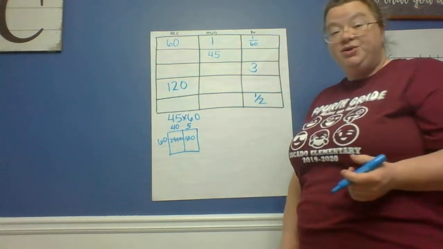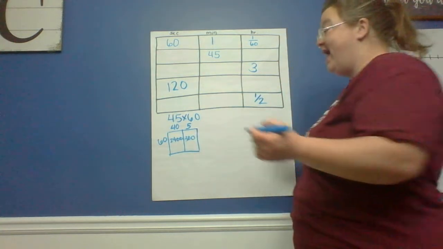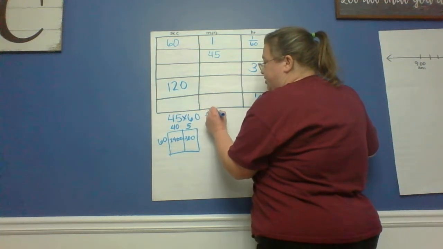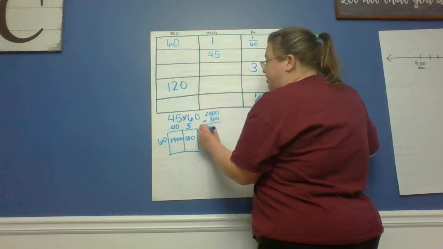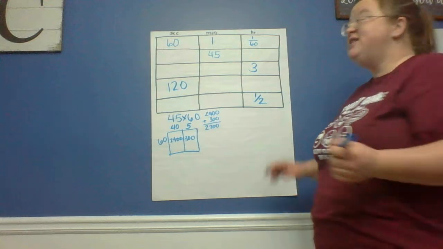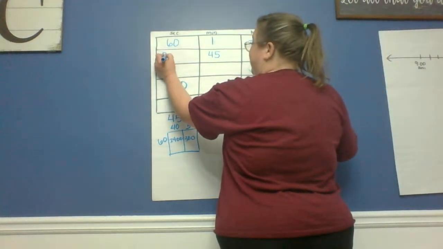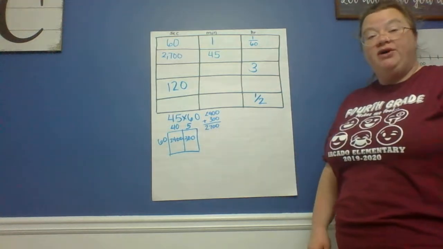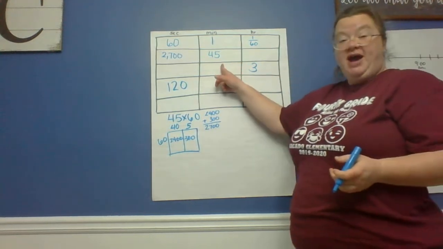Now, do you remember what we do with those two numbers? We add them up. So 2,400 plus 300 equals 2,700 seconds. That's a whole lot of seconds. It also lets us see how much smaller seconds are than minutes, okay?